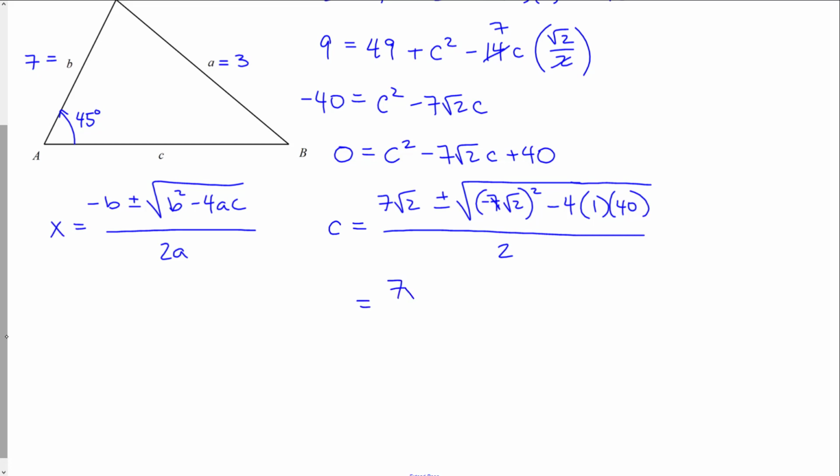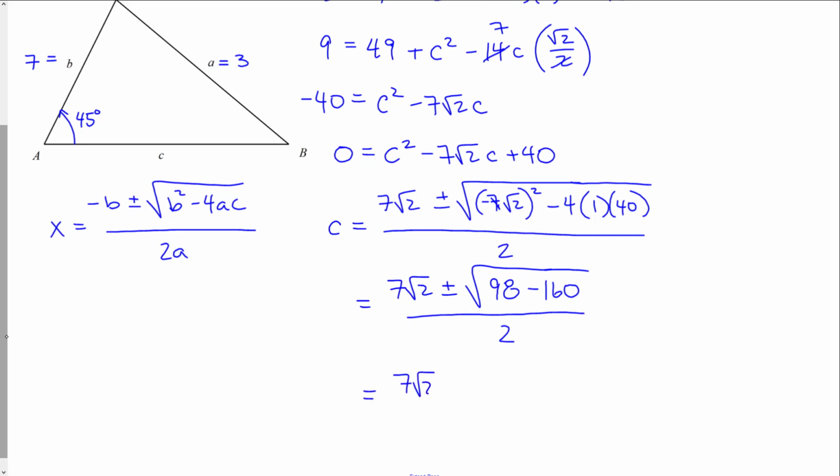So 7 square root of 2 plus or minus, if I square 7 root 2, it would be 49 times 2, which would be 98. So the square root of 98, 4 times 40 is 160, so minus 160, all over 2.